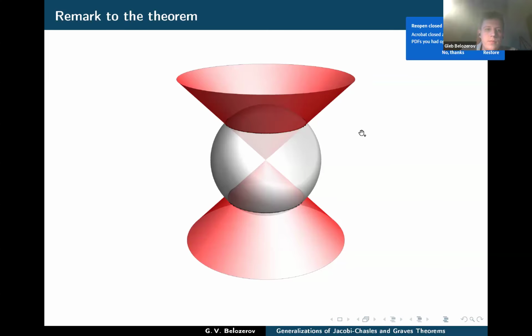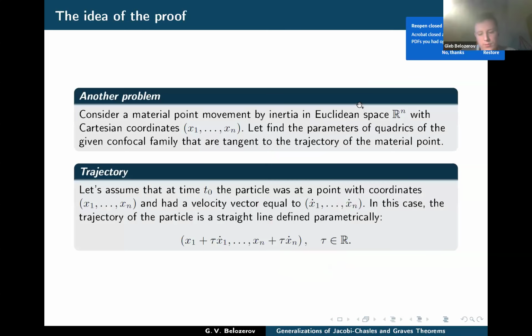Okay, go next. I want to tell you about the idea of the proof of the theorem. To do this, we consider another mechanical problem. Consider a material point moving by inertia in Euclidean space with Cartesian coordinates x1, ..., xn.